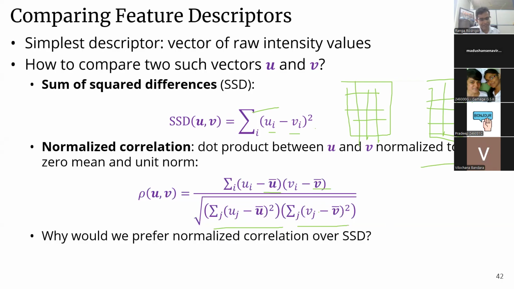Why would you prefer normalized correlation over SSD? SSD is sensitive to illumination changes. SSD is dependent on the values and the number of elements in the patch.